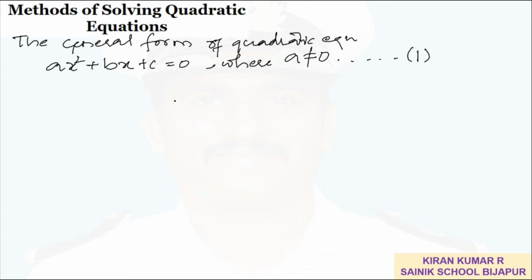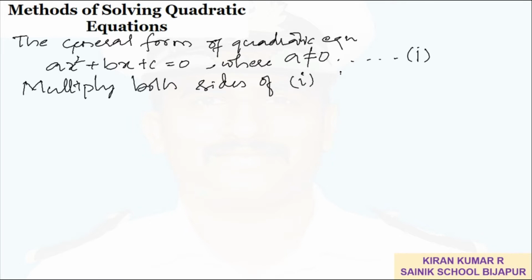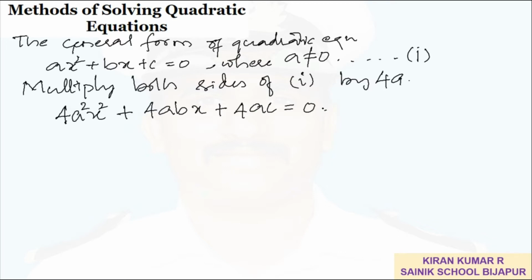Let me multiply both the sides of this equation 1 by 4a. We will be getting 4a square x square plus 4abx plus 4ac equal to 0.